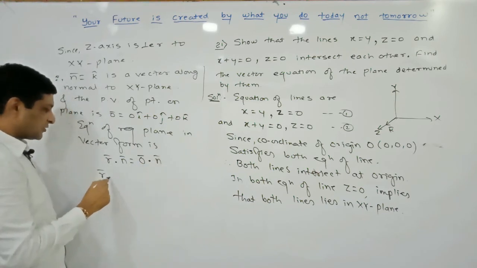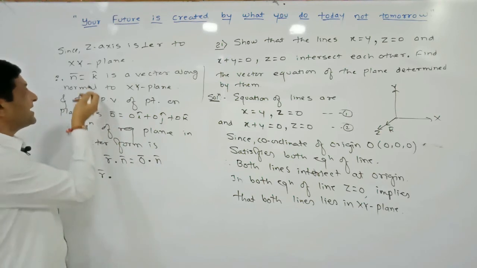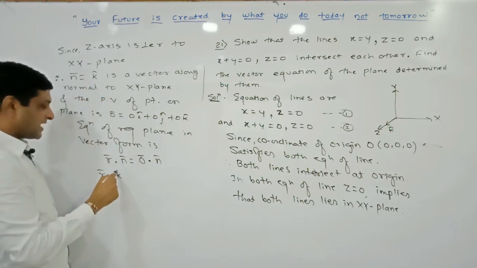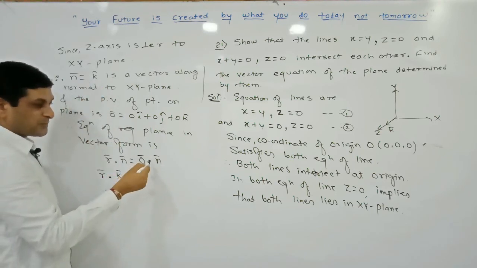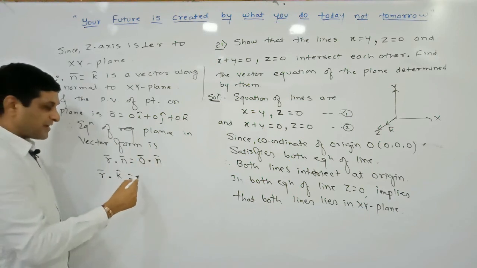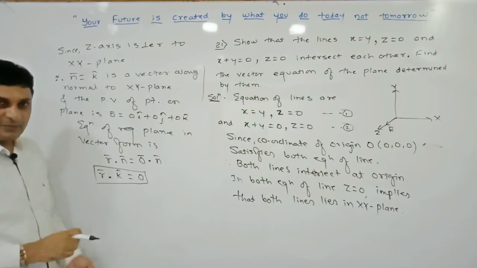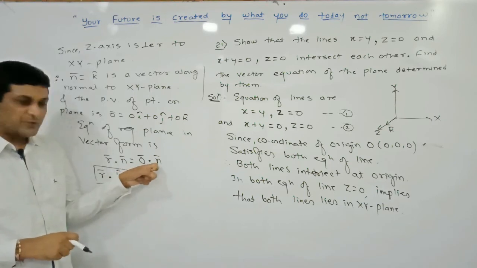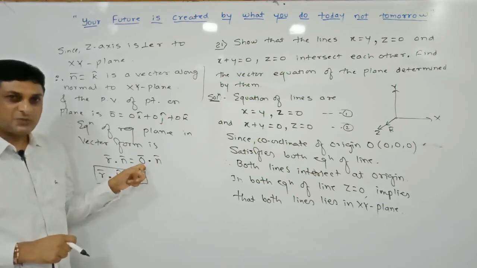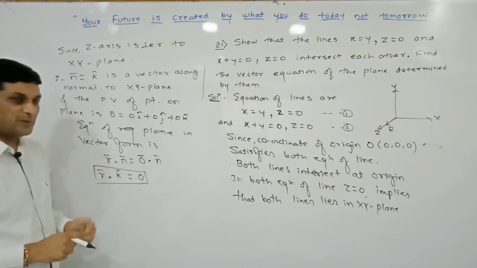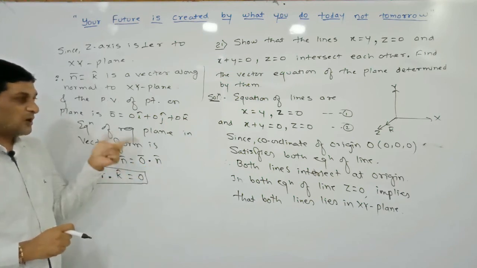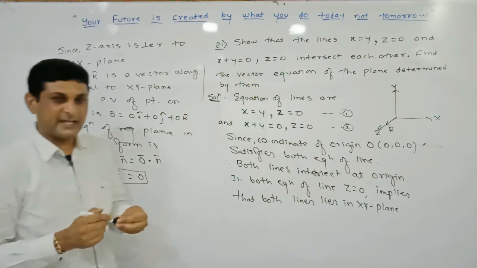So r bar dot n bar, where n bar is equal to k cap, and on this side the dot product of the 0 vector with n bar will be equal to 0. So this is our required vector equation of the plane. We are taking the dot product of n bar with the 0 vector, so that's why this dot product is equal to 0. In this way we have got the required vector equation of the plane.